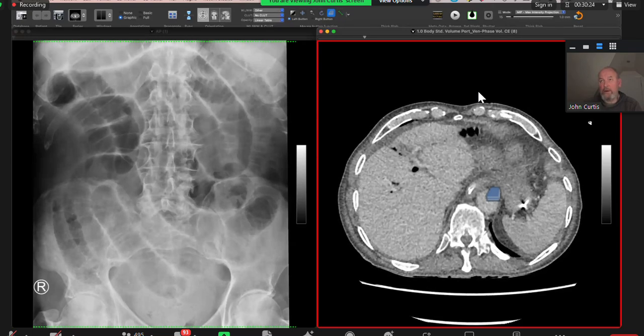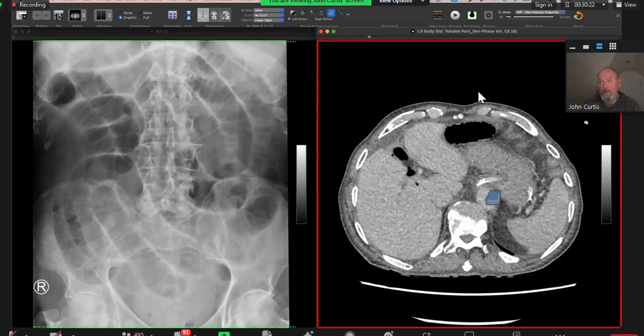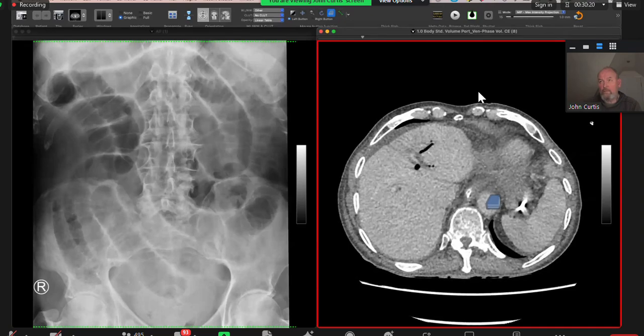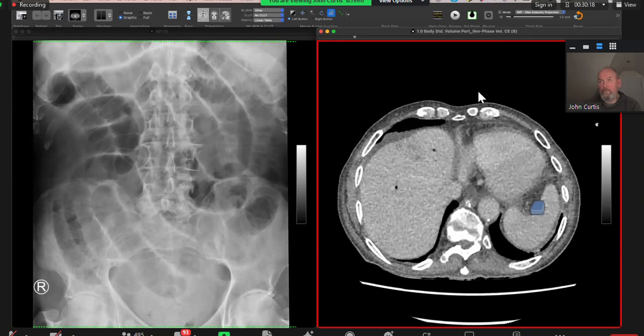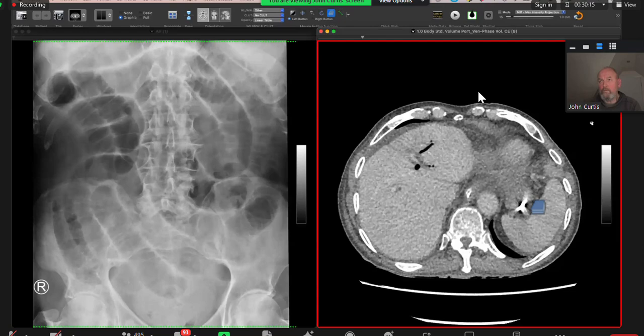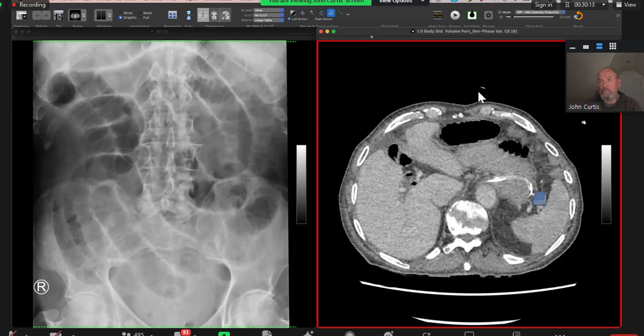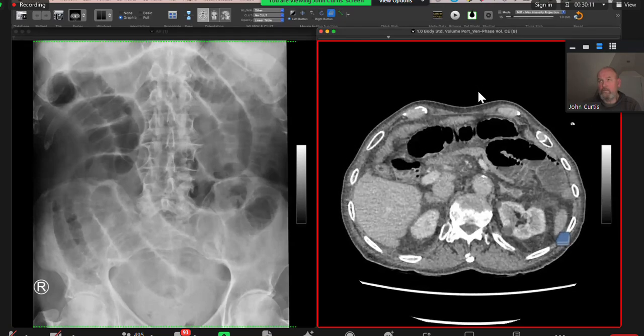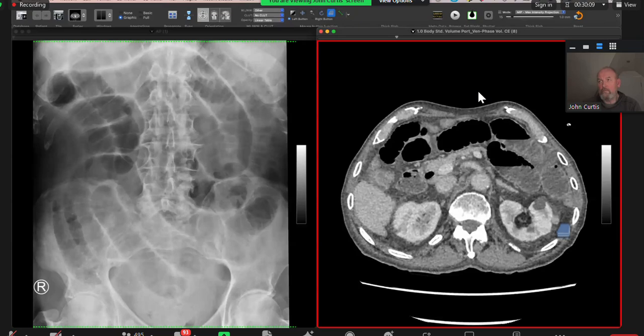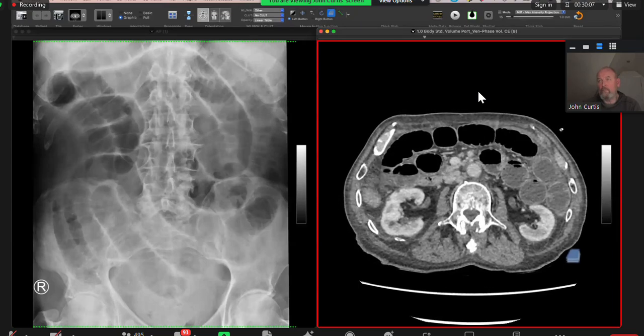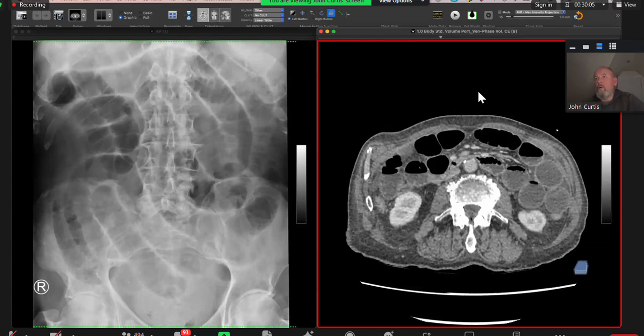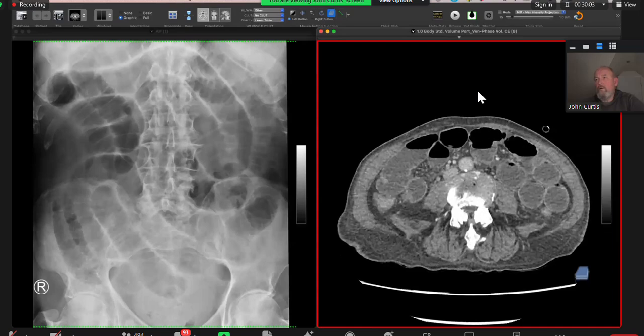So it could be gas in the biliary tree. Yeah, there is gas in the biliary tree. First of all, I will check the gallbladder to see if there is gas within the lumen of the gallbladder. Then I will check the bowel to see where the level of obstruction is, and I am looking for any evidence of a laminated calcified lesion, such as a gallbladder stone, causing obstruction as a gallstone ileus.